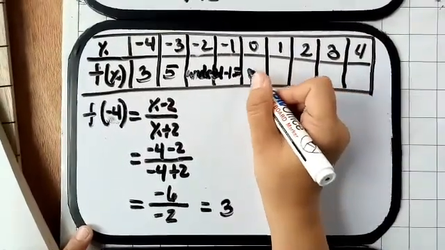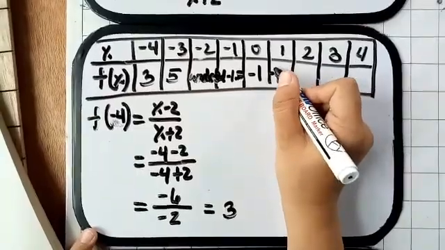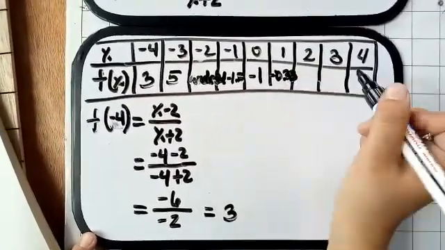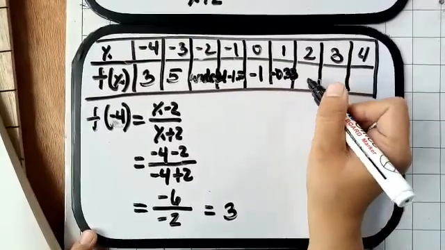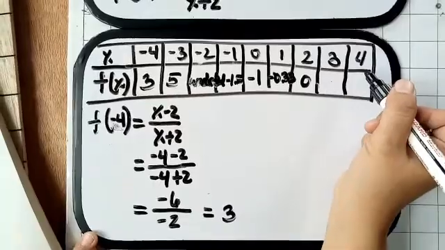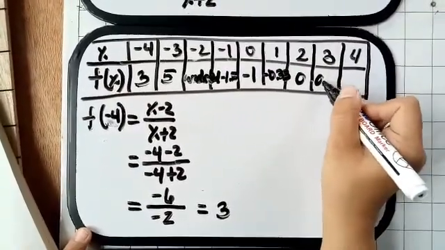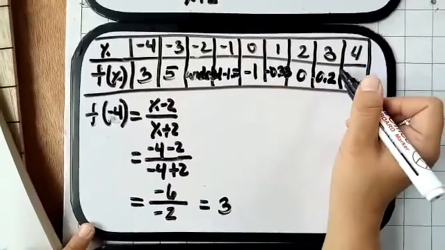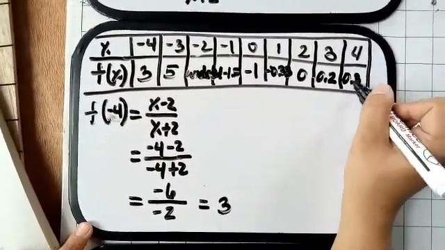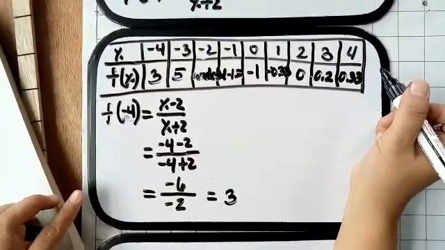For 0, we have negative 1. For 1, we have negative 0.33. For positive 2, we will have 0 for f of x. For f of positive 3, we have 0.2. And for f of positive 4, 0.33. So we already constructed the table of values.